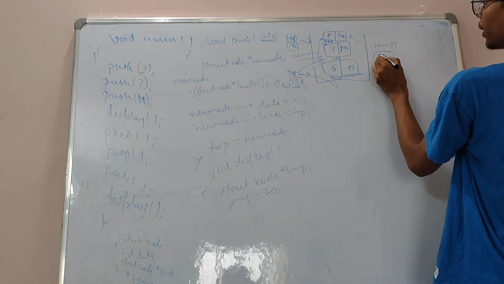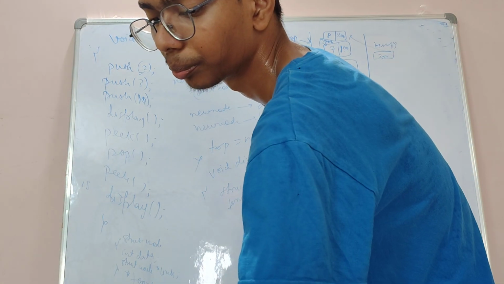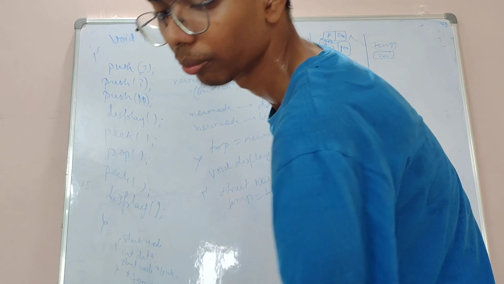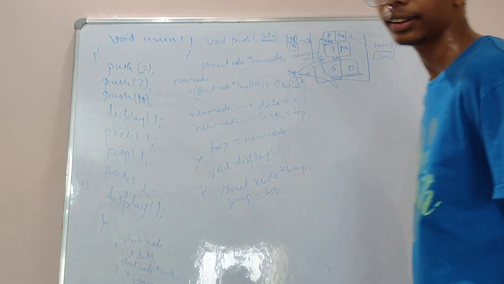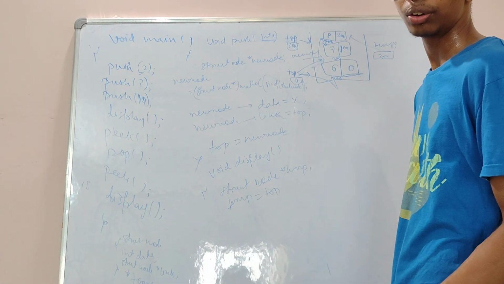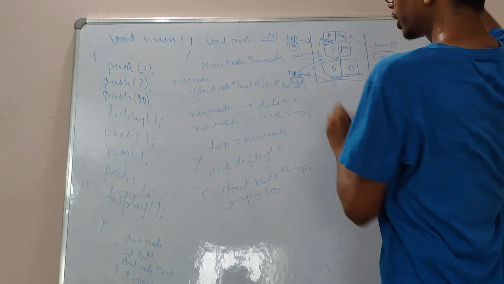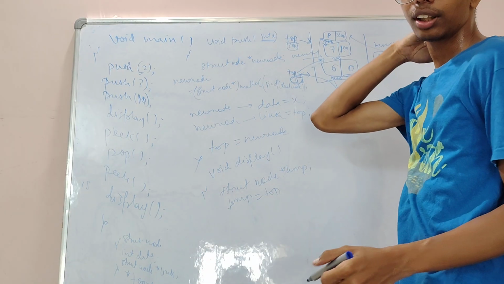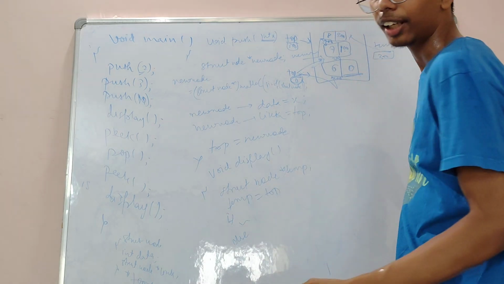Temp has 300. And then if top is equal to 0, that means list is empty. And in else part I will print the values.